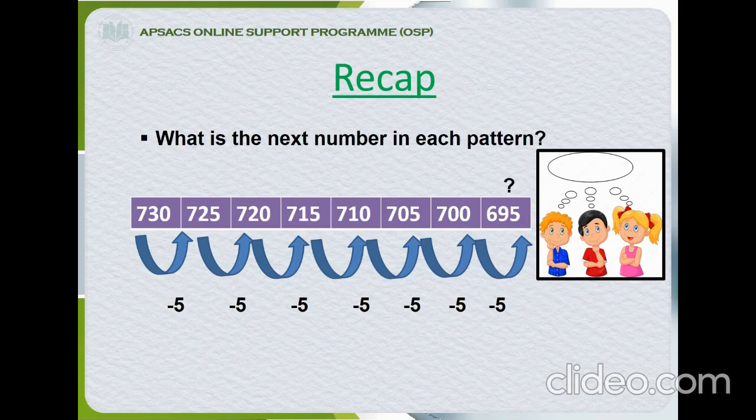When we subtract 5 from 710, we get 705. And after subtracting 5 from 705, we get 700. So what will come next? Yes, after subtracting 5 from 700, we get 695. Students must remember that whenever we move backward, or when the numbers are getting less, we always subtract in that number pattern.